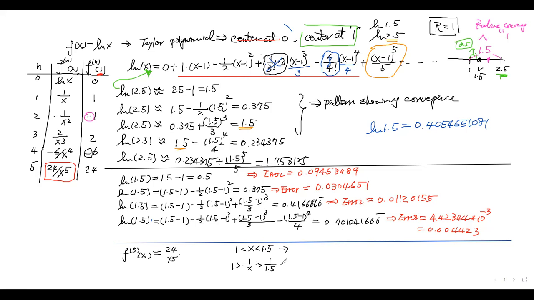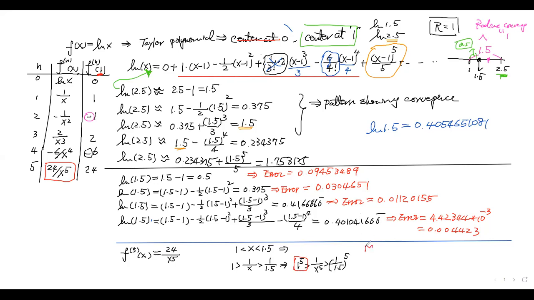Then the fifth power: 1 to the fifth power is greater than 1 over x to the fifth power, which is greater than 1 over 1.5 to the fifth power. So I know this is less than 1, and the greatest value is 1 to the fifth power, which is 1.